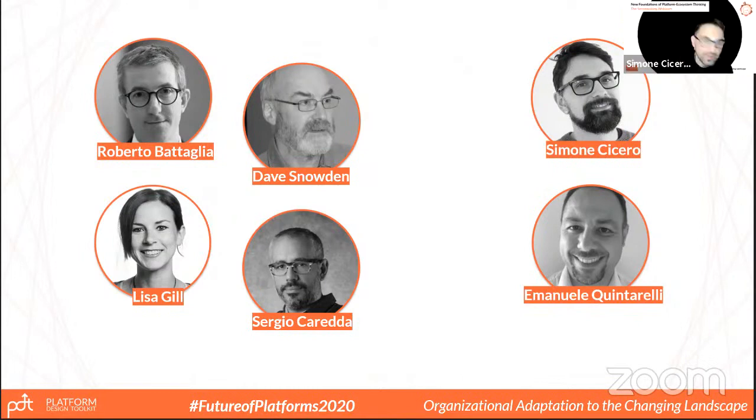Thanks very much again. And then we have Lisa Gill. Lisa is an organizational self-management coach and the founder of Reimaginaire, but also the host of Leadermorphosis, which is an amazing podcast that most of you in the call today are familiar with.